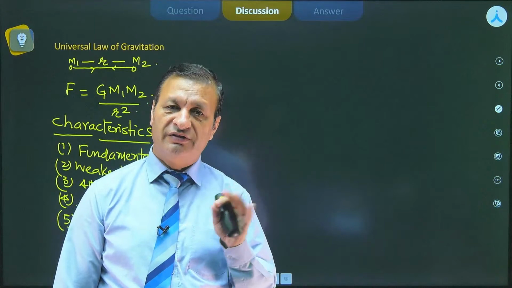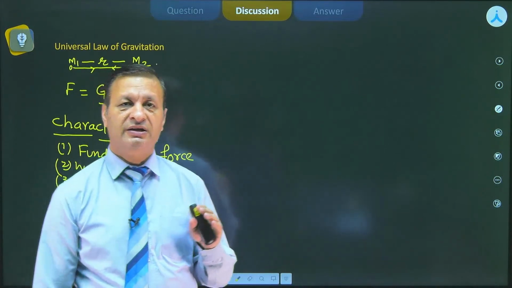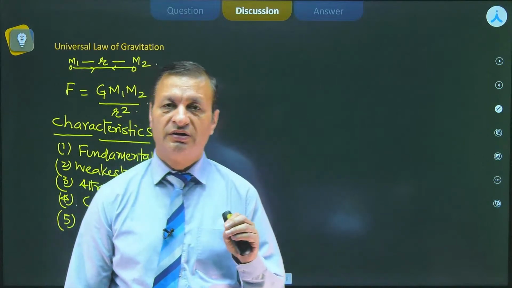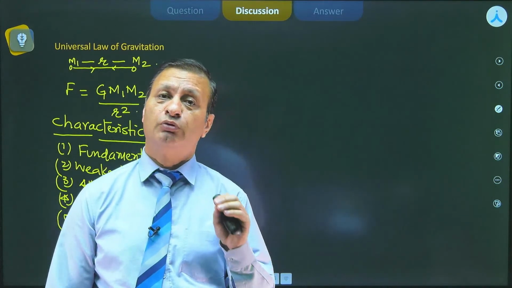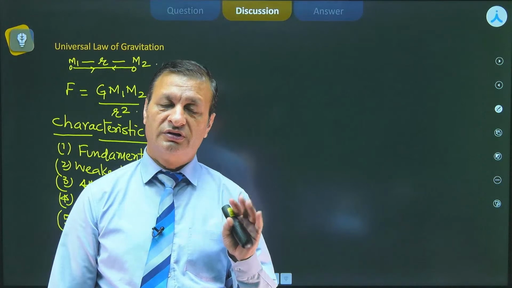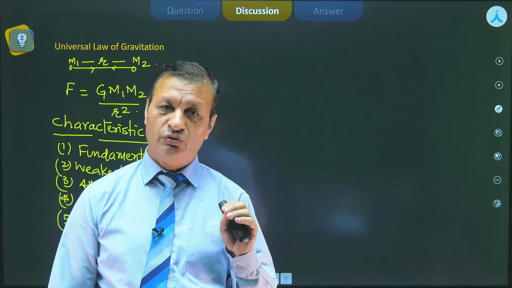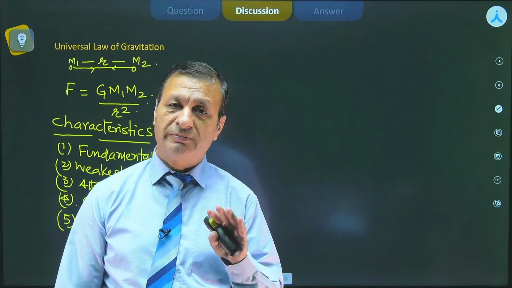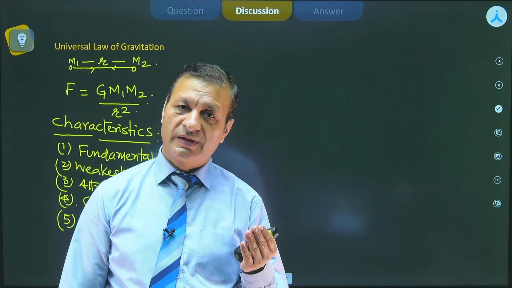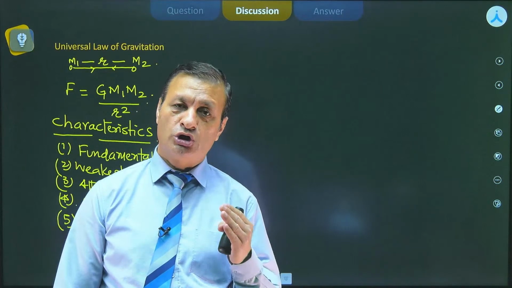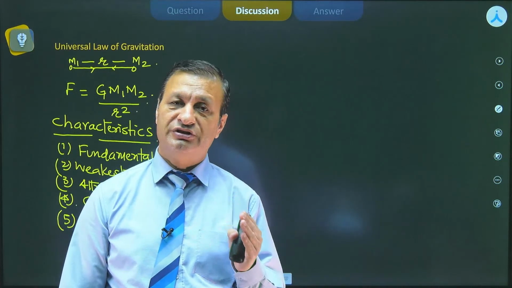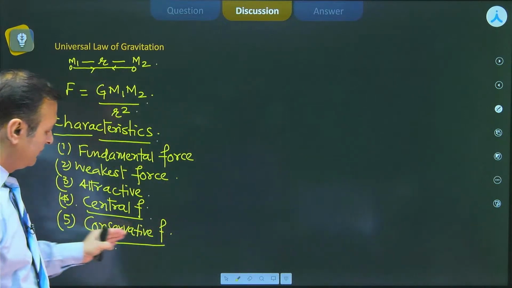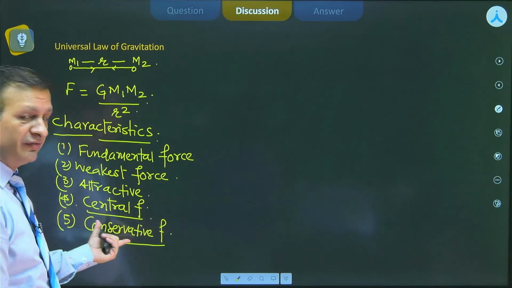Negative work done by this force gives you an increase in potential energy. The positive work done gives you a decrease in potential energy. Work done round the trip is 0, and this force is also the negative of the potential energy gradient. These are the important characteristics of a conservative force.